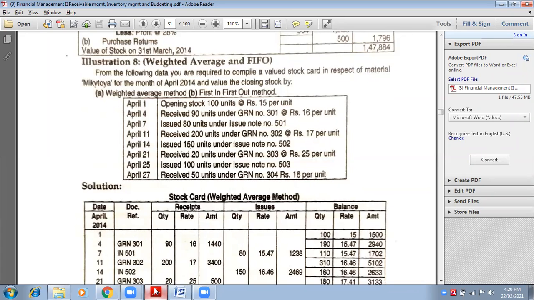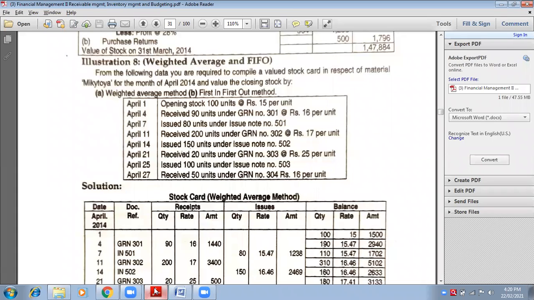You know how to verify this answer. You can do it. Do you remember? Yes, ma'am. Next. Close the date. Next date is the 21st.